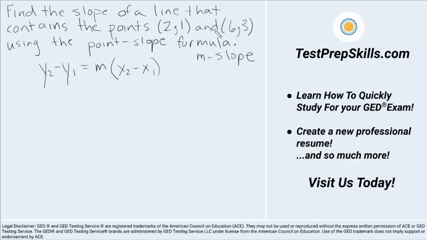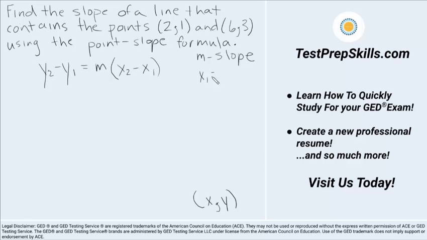Next, I'm given these 2 points. We're going to call this first one point 1. We're going to call this second one point 2. Now remember, when we write Cartesian coordinates for a point, it's written in this format, x and then y. So if this is point 1, we could say that this x value here, 2, is x1.